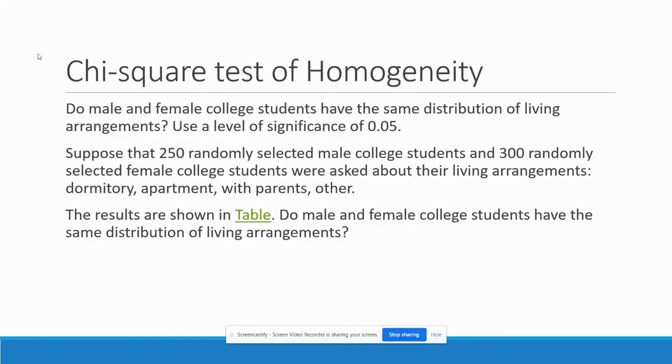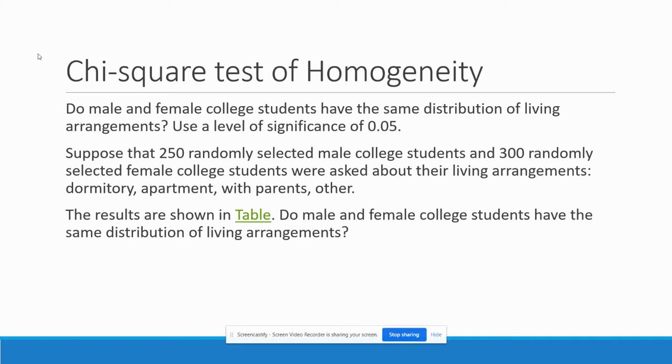Okay, here's the example. Do male and female college students have the same distribution of living arrangements? Use a level of significance of 0.05. Think about this: at a residential college, I need to know how many female or male dorms I need to have if I'm going to do my room assignment by gender.